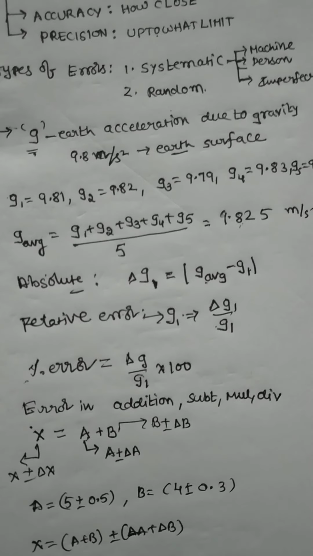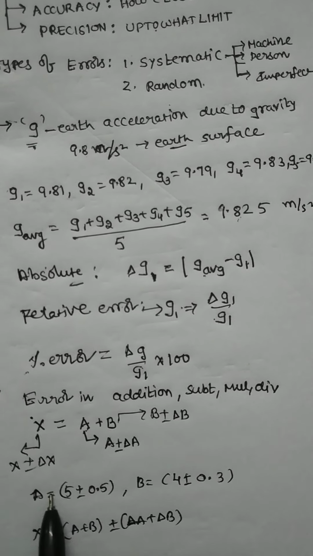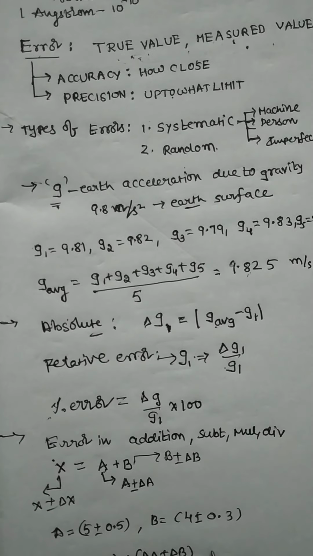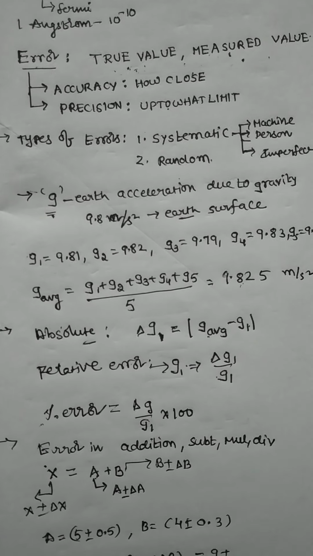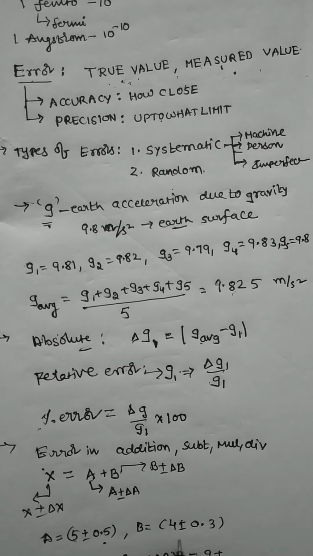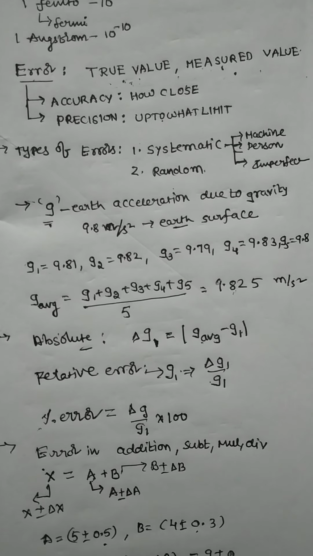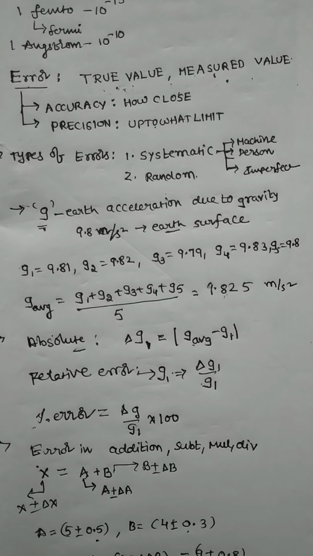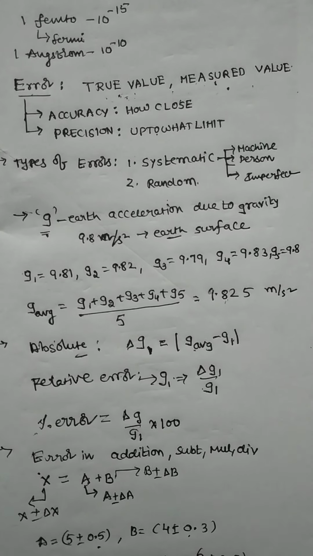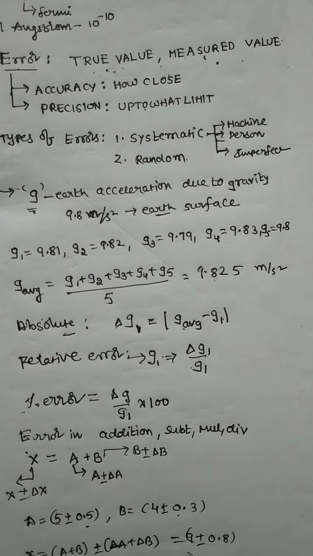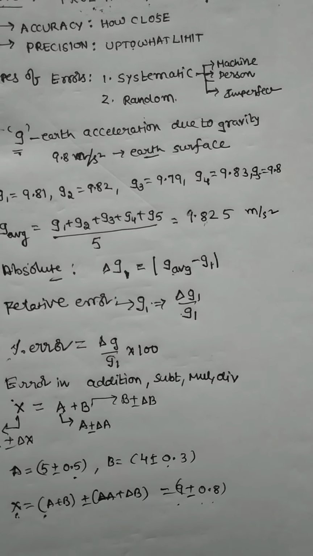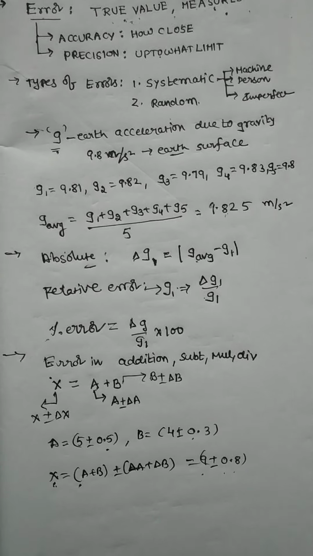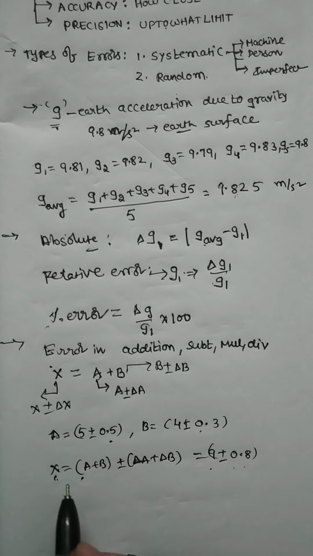The a value is 5, the b value is 4, 5 plus 4 is 9, plus or minus 0.5 plus 0.3, how much? 0.8. That means the value of x is represented as 9 plus or minus 0.8.